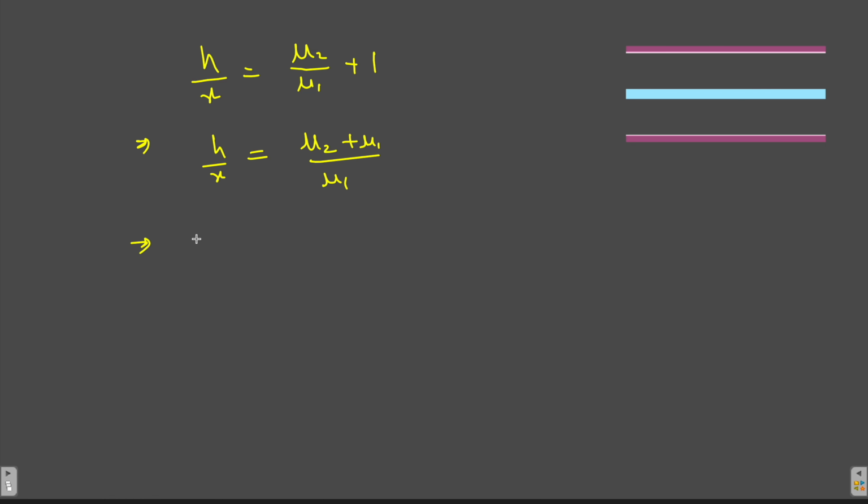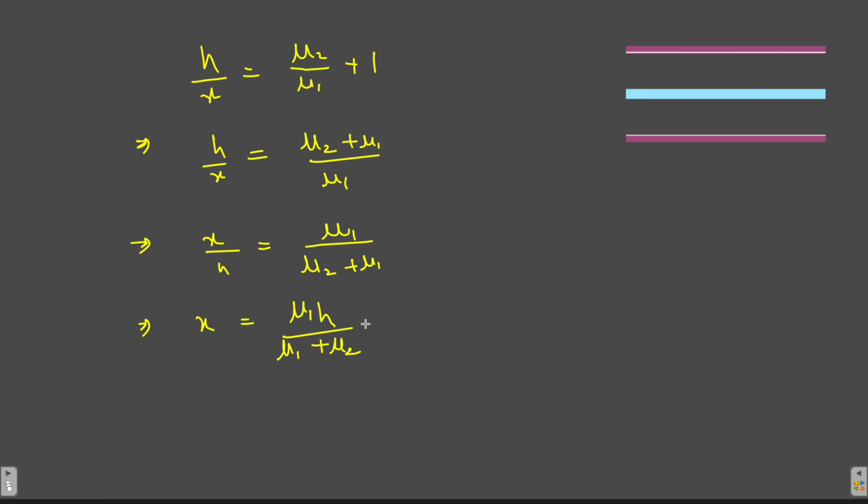And then if we just reverse it, x by h is equals to mu1 by mu2 plus mu1, or you can write x is equals to mu1 into h by mu1 plus mu2.